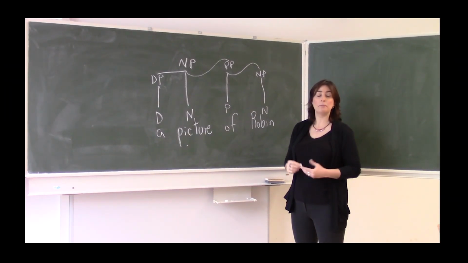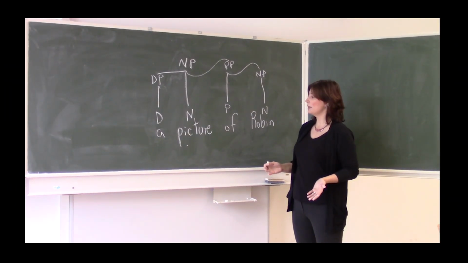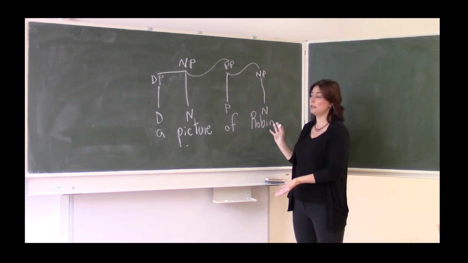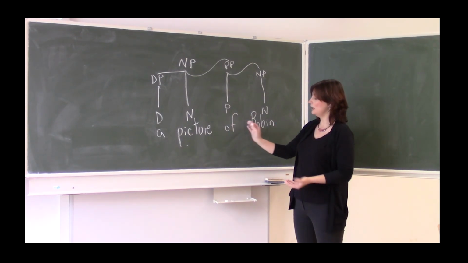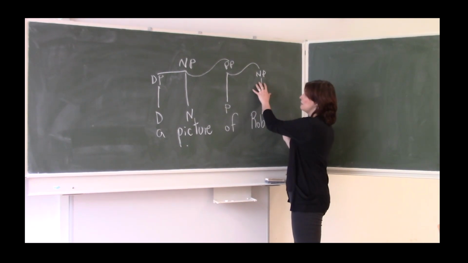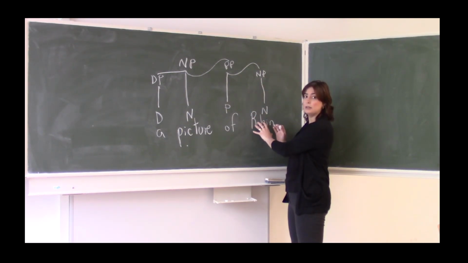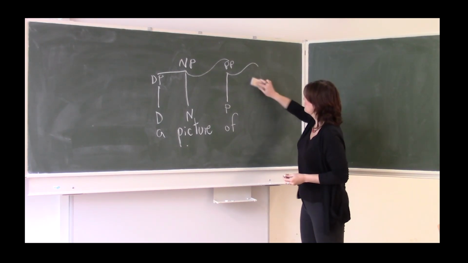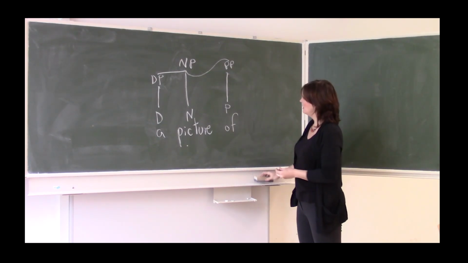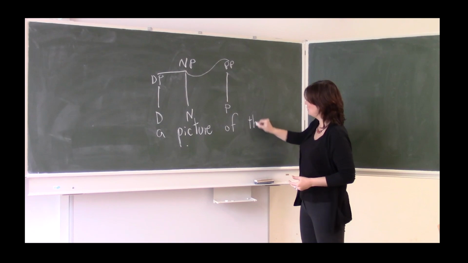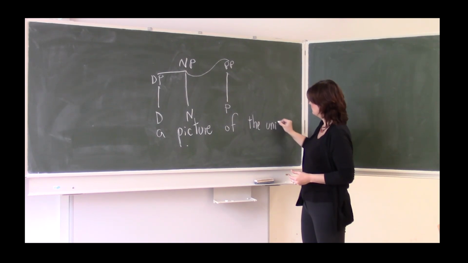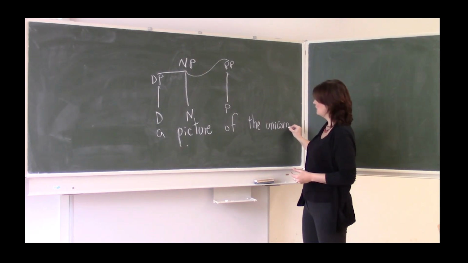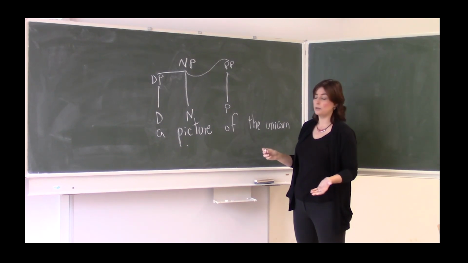Okay, the next one, a picture of the unicorn. Again, I can recycle most of the tree because I have a picture of, and the only thing that I have to change is this NP. It will not be of Robin, but it will be of the unicorn. So let me just erase it and see what I do with the unicorn. First, morphosyntactic categories.